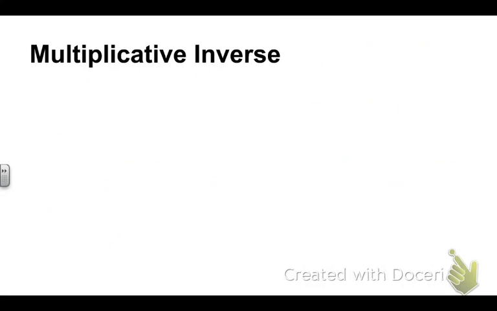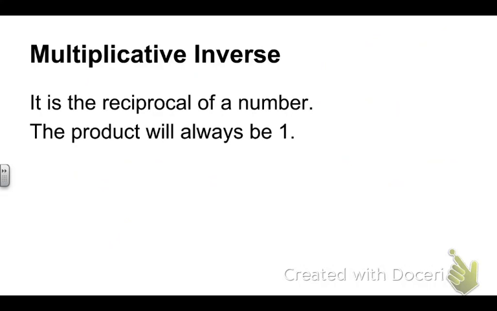Multiplicative inverse. This is the reciprocal of a number. I sometimes call the reciprocal the flip-flop of a number, and the product will always be 1. For example, if I have the number 2/3, I want to know what the reciprocal is. That's the flip-flop. What's in my numerator spot goes to my denominator, and my denominator goes to my numerator.